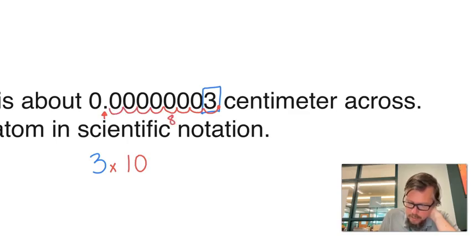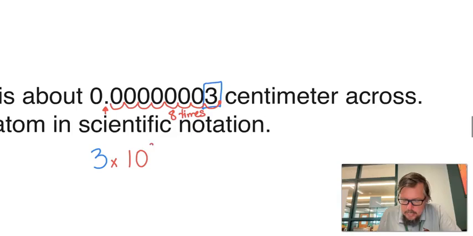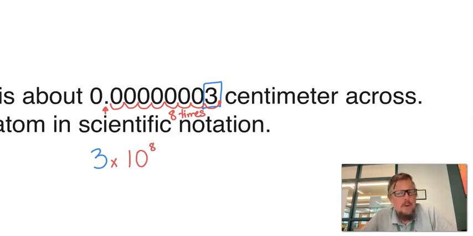We'd have to move the decimal 8 times. So we are not going to put an exponent of 8 up here. And the reason we're not going to put an exponent of 8 up here is because 3 times 10 to the 8th means write a 3 with 8 zeros after it, which is a very, very large number. We want to write a very, very small number. We want to write a decimal, 7 zeros and then the number 3.